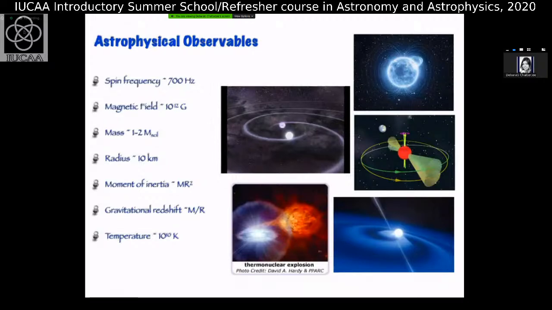So astronomers use a number of complementary astrophysical observables concerning neutron stars. For example, the moment of inertia for rotating neutron stars. The moment of inertia from classical mechanics, we know, is proportional to the product of the mass and the square of the radius, which means that if one of the mass or radius is known and the moment of inertia is known, then we can determine the other.